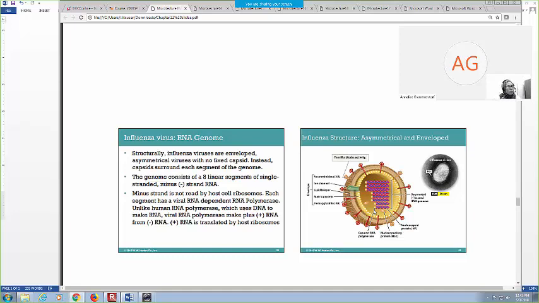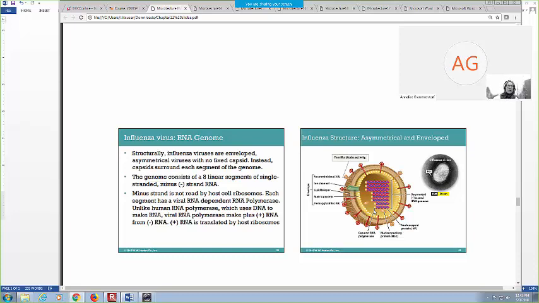It's not the case for viruses. Viruses don't have those checks and balances like our own. So if it's a viral RNA polymerase, it won't have that proofreading. And if it's a host RNA polymerase, it also doesn't have that proofreading capability. So it makes a lot of mistakes along the way.